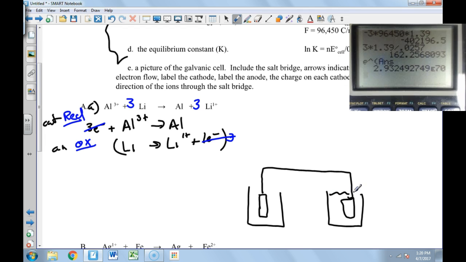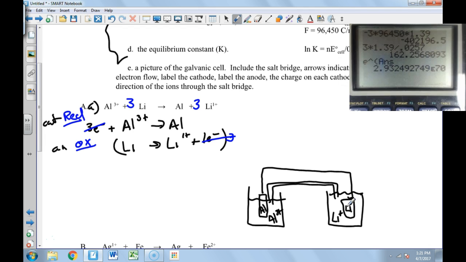Those are the electrodes, pieces of metal. And then here's our salt bridge. Once we have that, now we can start labeling. One of these is going to be aluminum, so that's that one. I just randomly picked it. Then there's Al3+, that's that. The metal and the ion go together, and now we go Li and then Li+. And again, the metal and the ion go together.